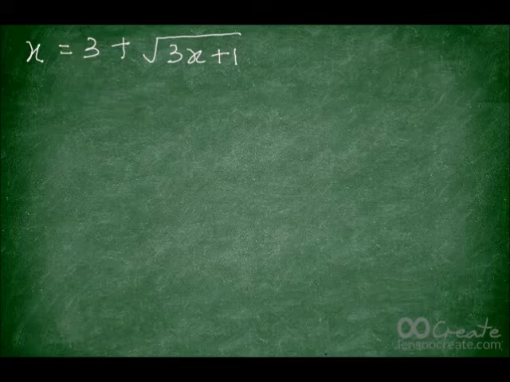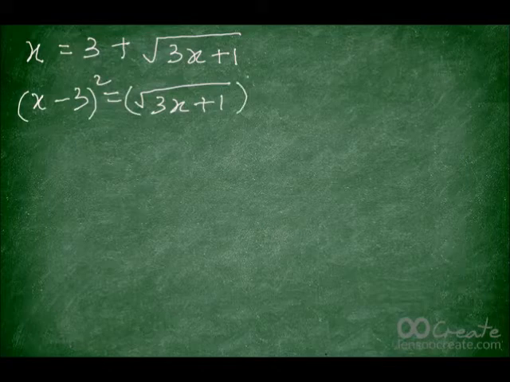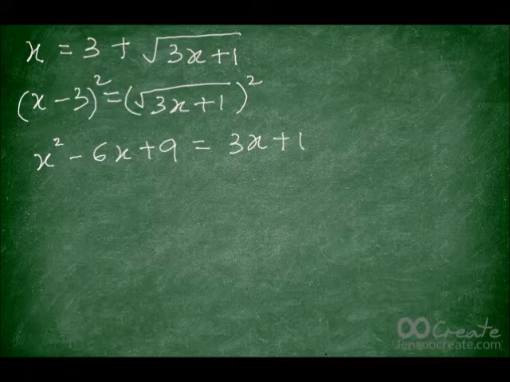Okay, now we are going to solve this question. First, we rearrange the equation to leave the surd alone. Next, we square both sides. This step is for us to eliminate the surd sign. Then we expand it to get, we try to rearrange the equation in the quadratic form.